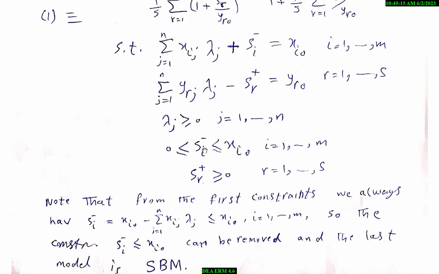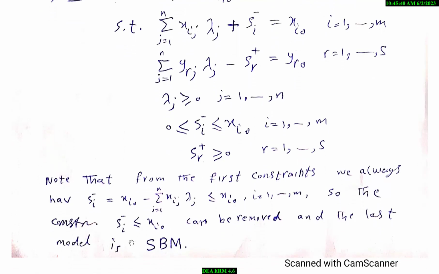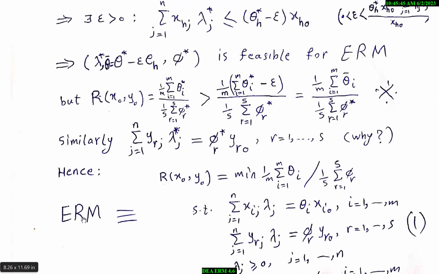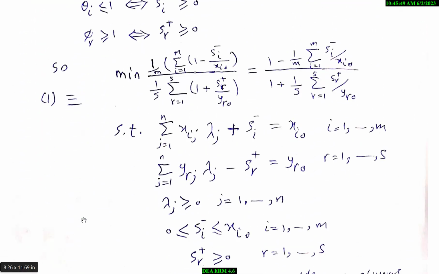So si minus less than or equal to xio is redundant and can be removed from the model. And if we remove these constraints, si minus less than or equal to xio, you can see that this is indeed the SBM model. So we proved that ERM is equivalent to the SBM model.